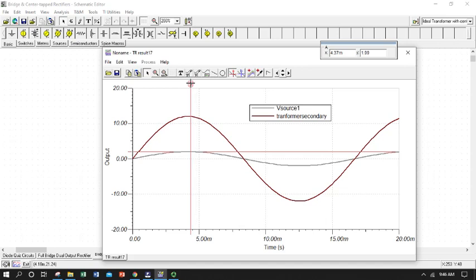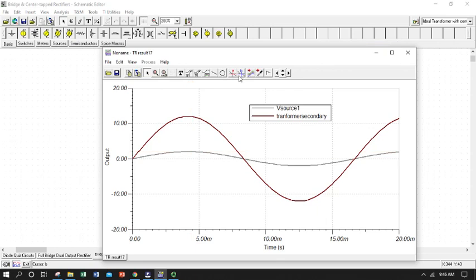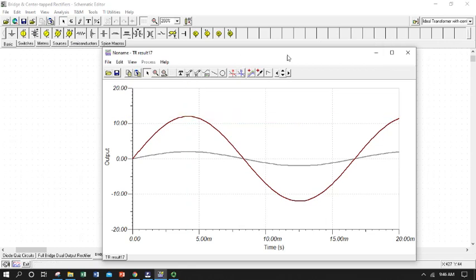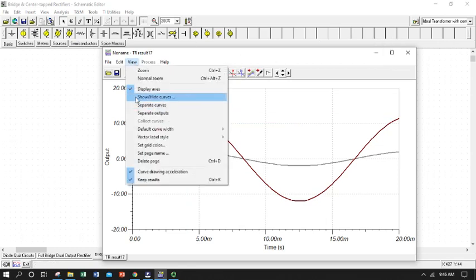The gray curve is our primary voltage input. There's 2 volts peak, and by comparison, our secondary is giving us about 12. So it really was an N ratio of 6, a 6-to-1. Our transformer is doing exactly what we want it to do for us. So that's a good check.